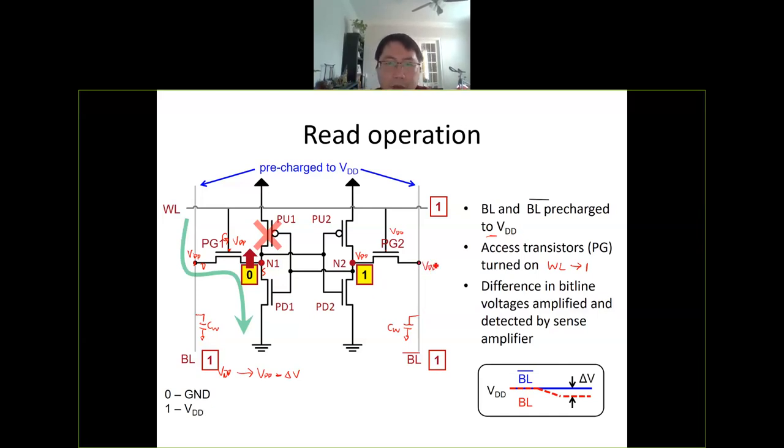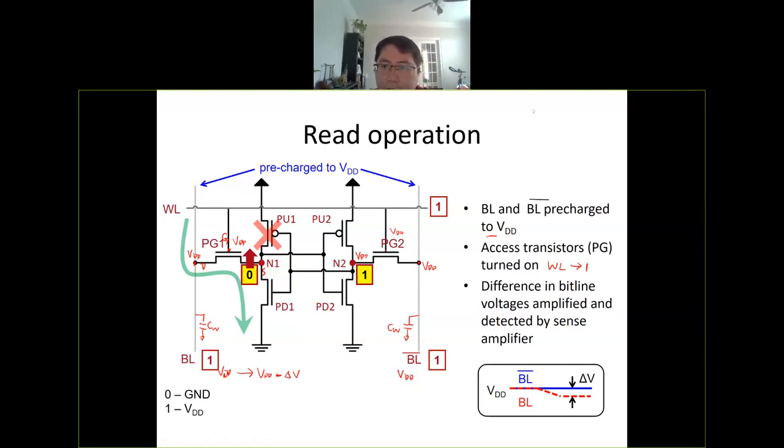So for the pass gate 2, PG2, you see that the bitline bar will have no change, because here 3 terminals have the same potential, then no current flows through the PG2. That means the bitline bar will stay at VDD. So here you see the waveform, the blue line, stays at VDD.